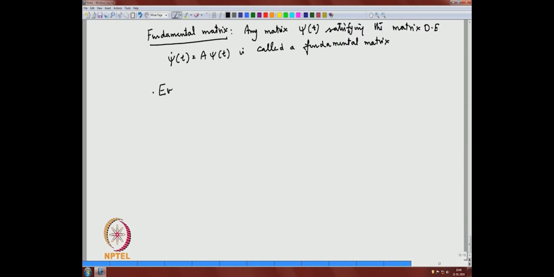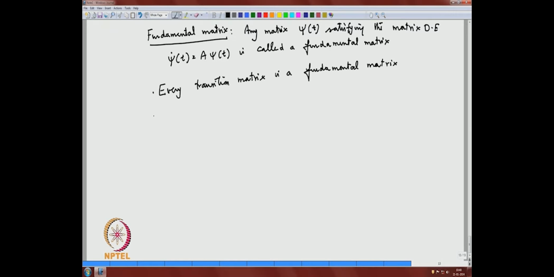Every transition matrix is a fundamental matrix. And a fundamental matrix in this particular situation is of the form e power (t minus t naught) A. That is your thing, every transition.